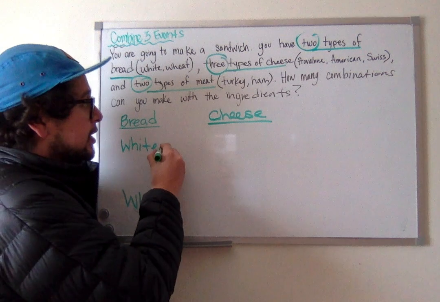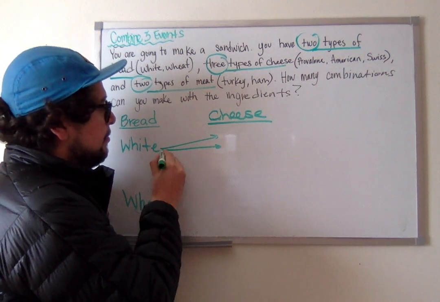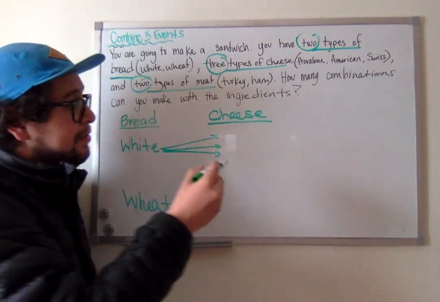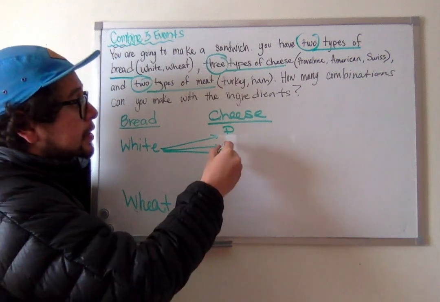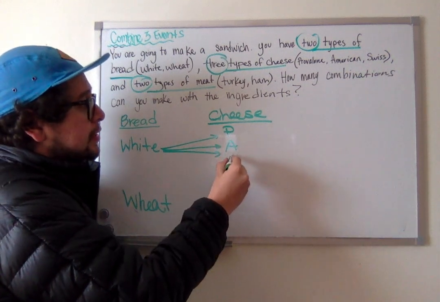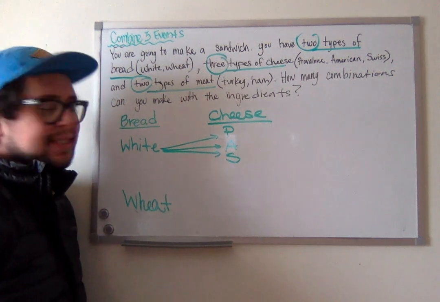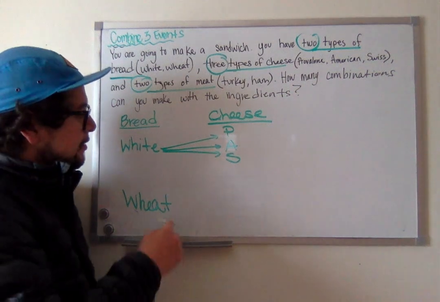So what that looks like is something like this. So we're going to make a little tree here. And instead of writing it all out, I'm just going to use P for provolone, A for American, and S for Swiss. Pass without an extra S. I don't know. Same thing with the wheat.